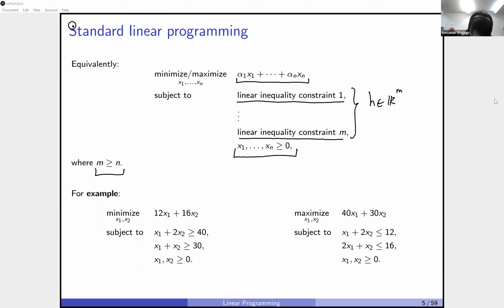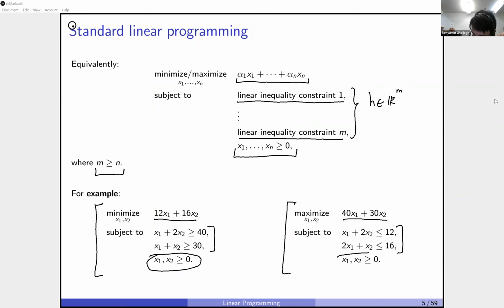And some examples. This is for minimization. This is for maximization. The objective functions are linear, and as you see, we have two inequality constraints, for example, and also we have this default inequality constraint where the objective variables are greater than or equal to 0, right?